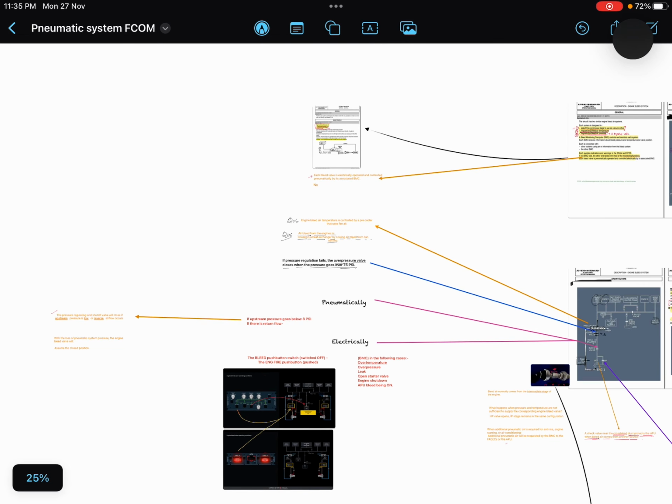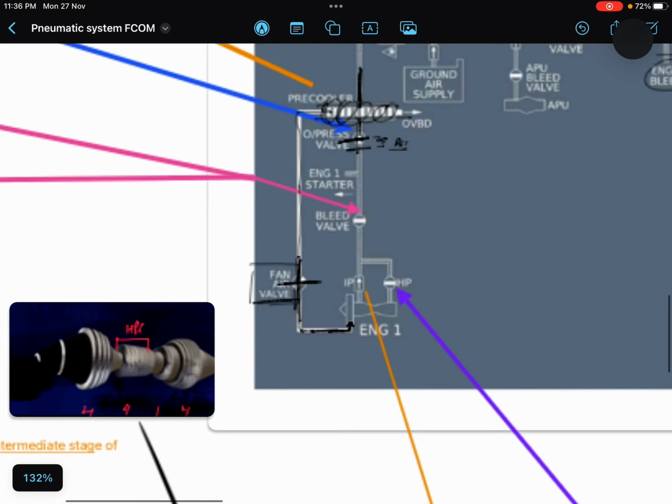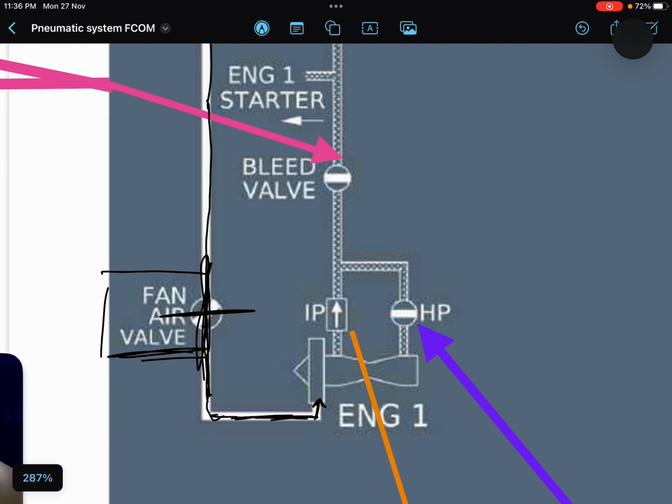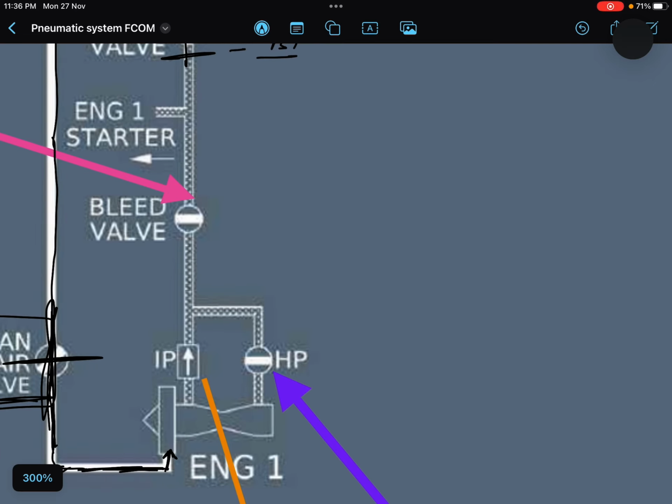Now, very important, the closure conditions of the bleed valve. A lot of guys must be facing difficulty with what the closure conditions of this bleed valve are, what this pneumatic closure is, and what this electrical closure is, and you will find so many questions on these closure conditions.